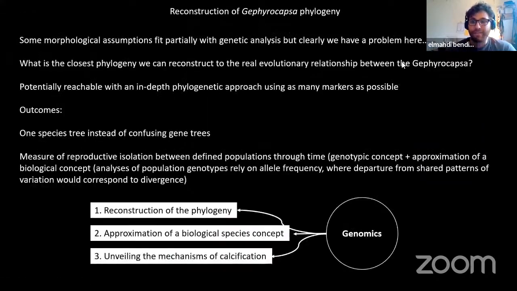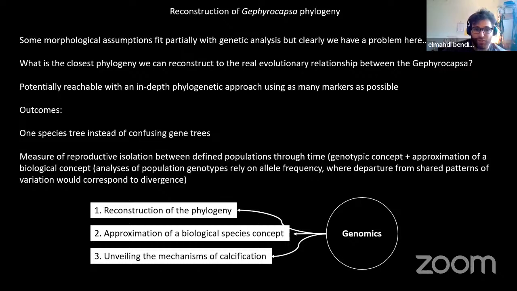So it seems that with genetics, we have been limited for quite a long time. Some morphological assumptions are fitting partially with genetic analysis, but clearly with this group, we have a problem, something that was not seen with the other groups I mentioned in the beginning. So what could be the closest phylogeny we can reconstruct to the real evolutionary relationship between the Gephyrocapsa?